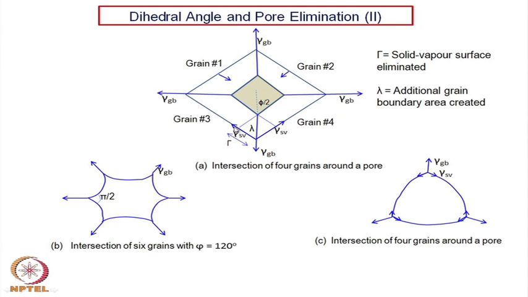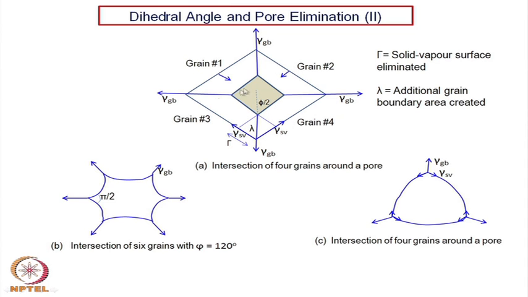If this distance is capital gamma here, and this distance is lambda. Okay. So, this is the increase in energy, the grain boundary energy has increased, and this energy has been reduced. So, that is what has been mentioned in the earlier expression. So, gamma is the solid vapor surface eliminated, this one has been eliminated, particularly for this corner.